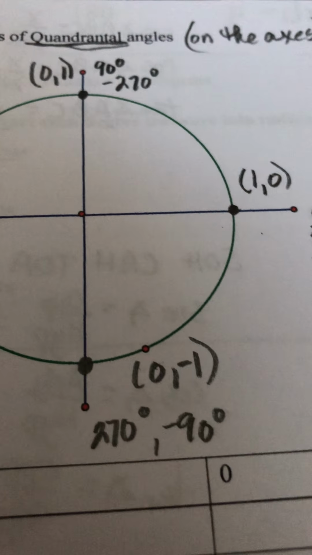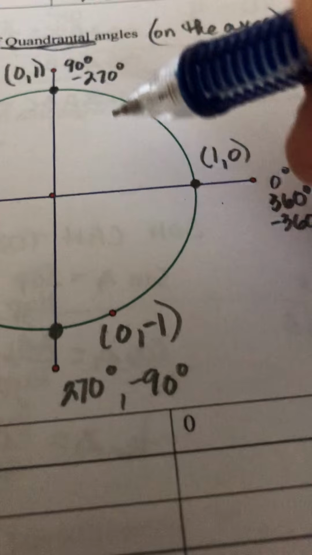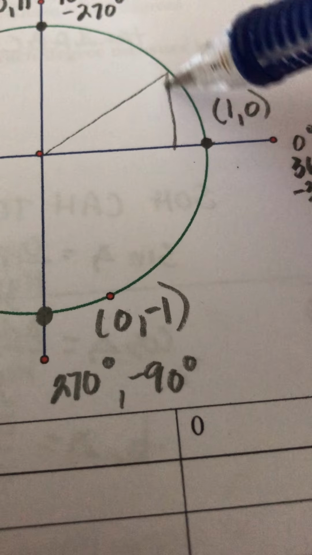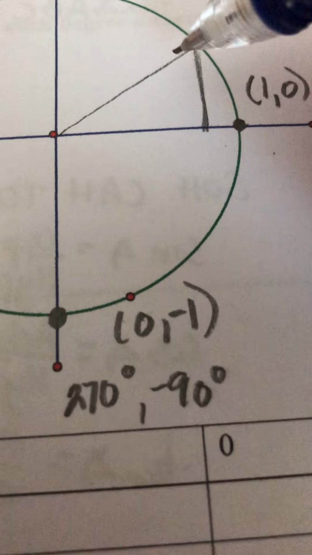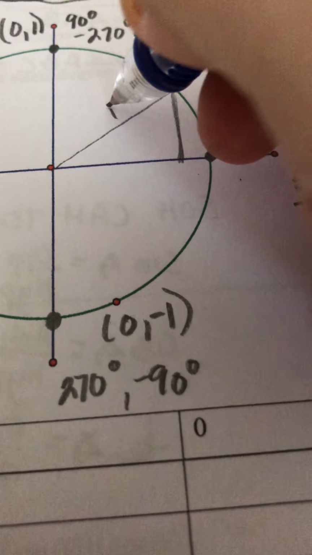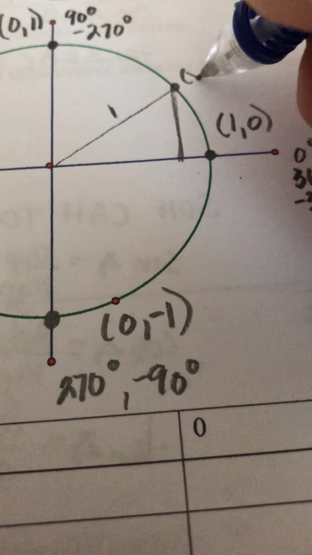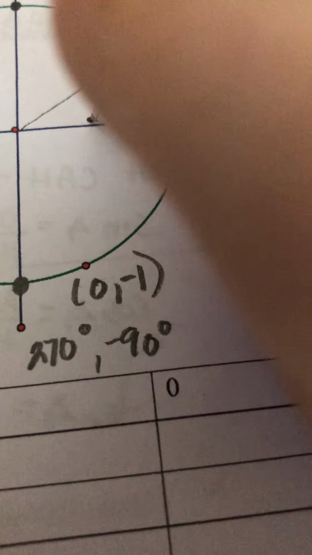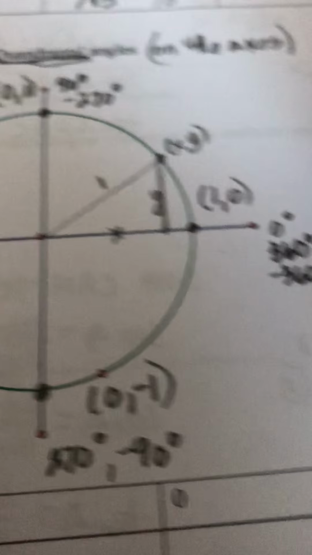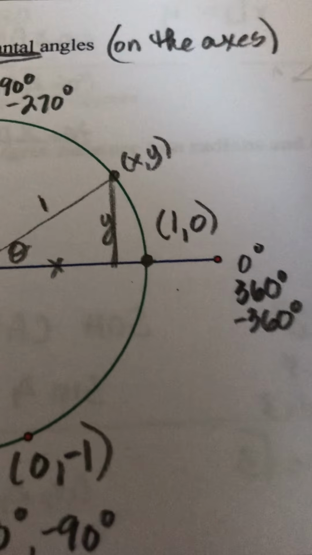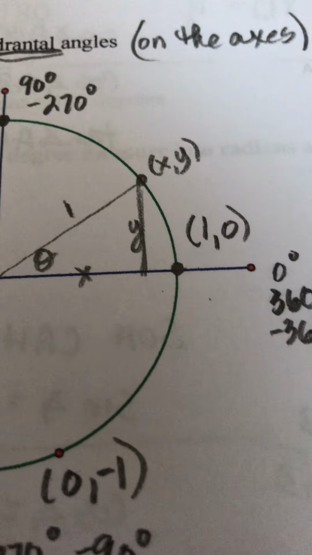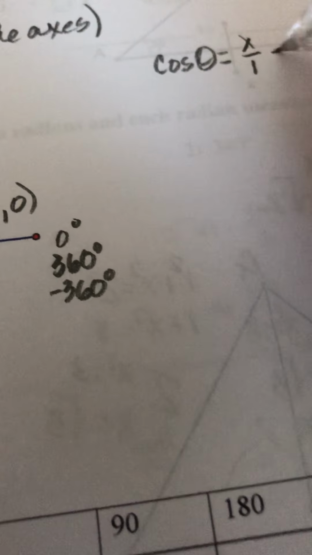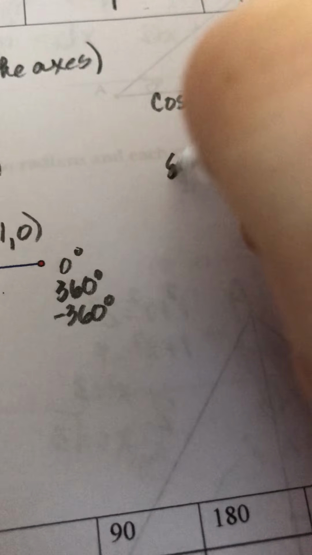And if we remember from trig last year probably, if we put a triangle on the unit circle, the hypotenuse of that triangle is always going to be the 1. And we have our x and y coordinates. This is y, this is x. And if this is theta in there, cosine theta, which is adjacent over hypotenuse, is going to be x over 1, which is x.